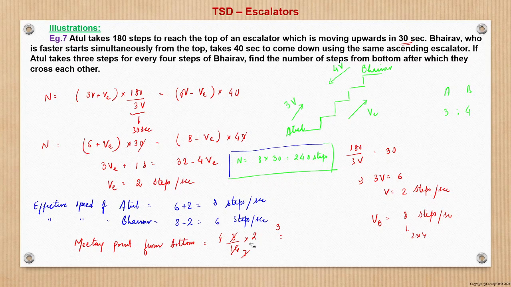So it becomes 8 upon 14 into 240, which is nothing but 960 upon 7, which is about 137.